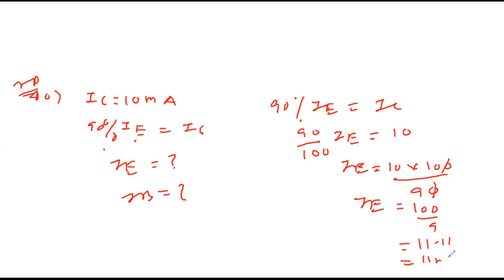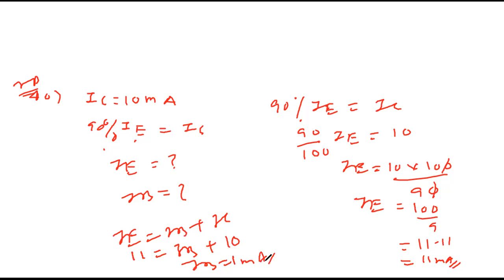I can take 11 milliampere. IE is 11 milliampere. Now IE is always IB plus IC. So if this is 11, IB you don't know, and IC is 10, so IB will become 1 milliampere. So 11 milliampere is IE, option D. Write carefully. These all are very, very important sums.